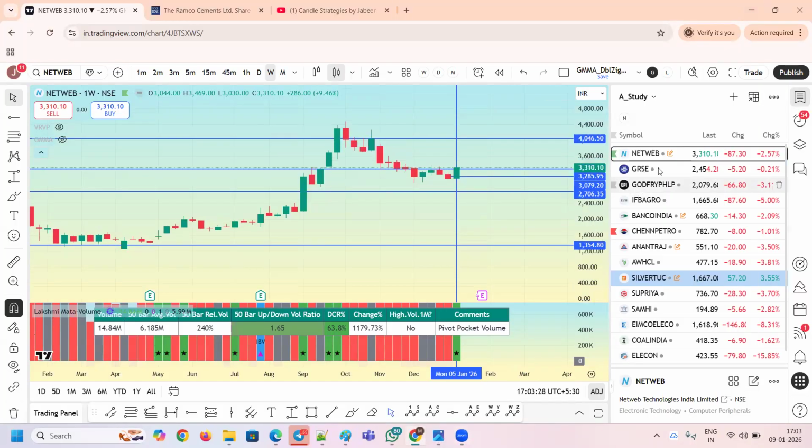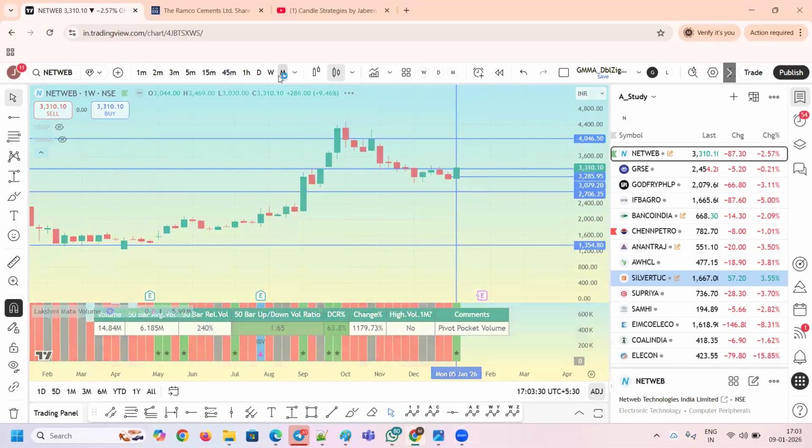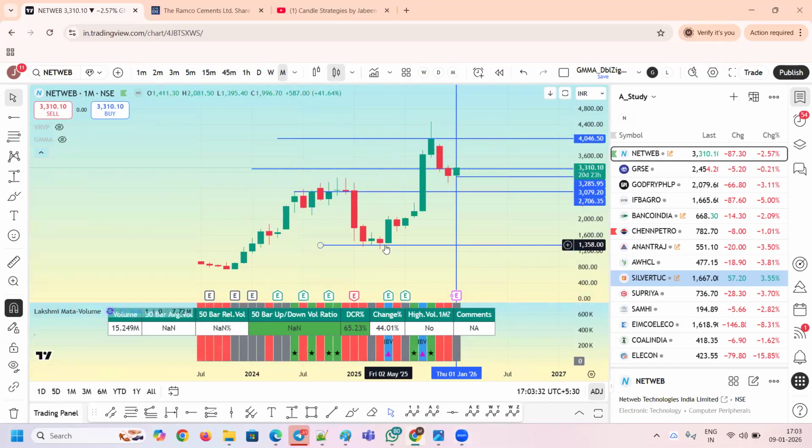So now let me go with the NetWeb monthly chart. These are called support and resistance lines, which I have drawn.